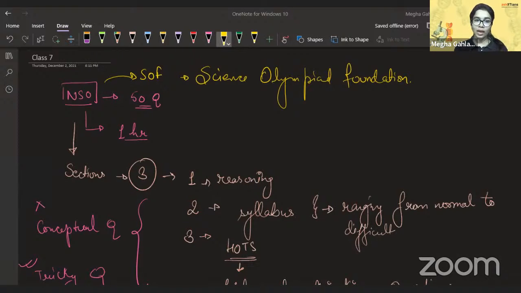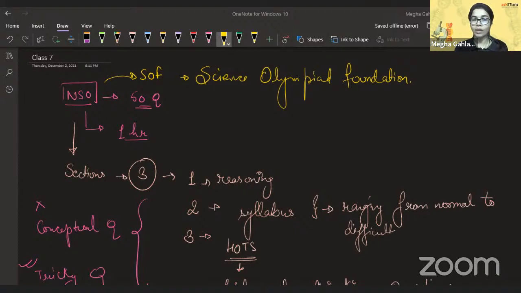So you are going to have the sections: logical reasoning, science, and achievers section. You need to understand one thing, that from grade 5 to grade 10, there are going to be these 3 sections. The number of questions is going to be a little different. Different marks are awarded per question in every section, and they make different total marks.